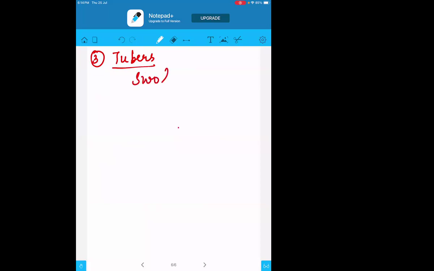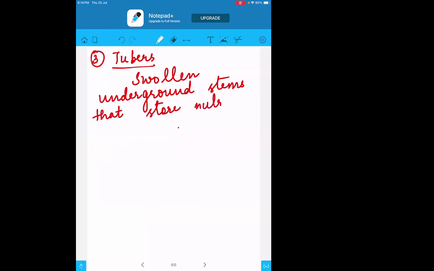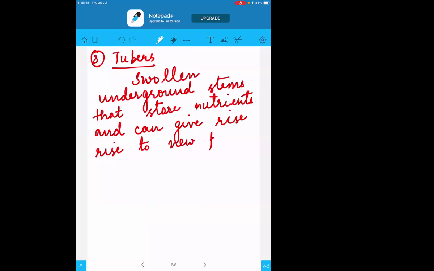They are the swollen underground stems that store nutrients and can give rise to new plants from their eyes.